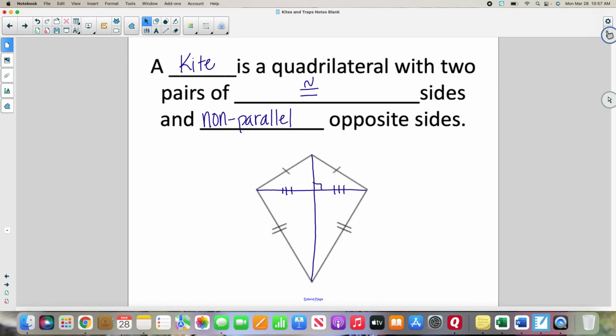I'm going to label this A, B, C, D. Angle A is congruent to angle C. The angles the short diagonal goes to are congruent. Angle B and angle D are bisected.